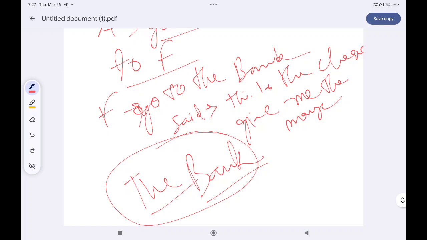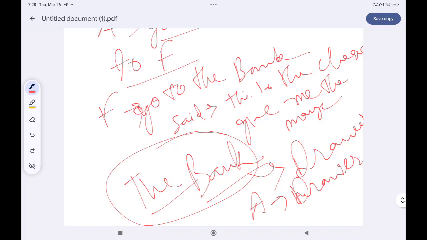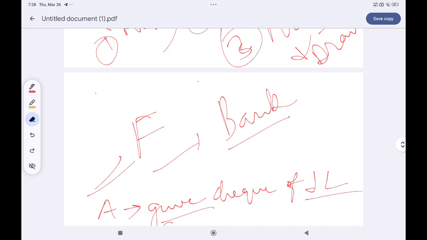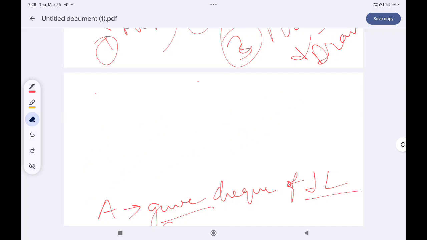So this bank will be known as the drawee, and A will be known as the drawer, and F will be payee. Let me explain you. The thing is like that: drawer, drawee, and payee.